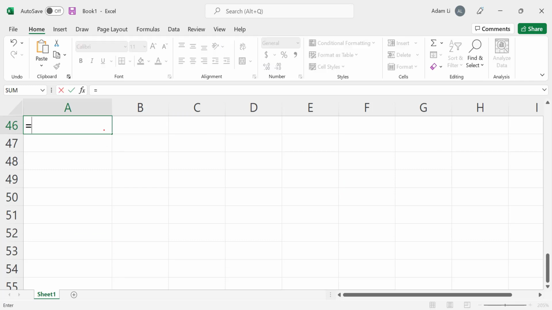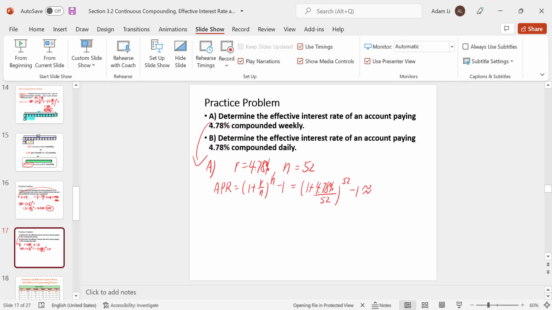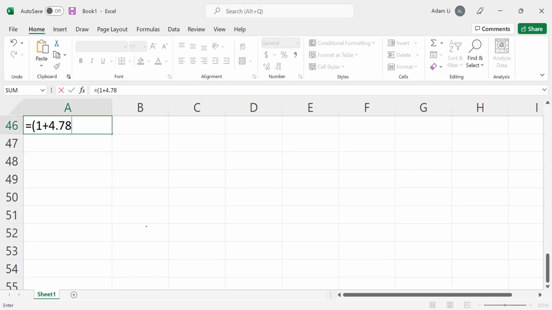So right here, it should be 1 plus 4.78% divided by 52, raised to the 52nd power, minus 1.